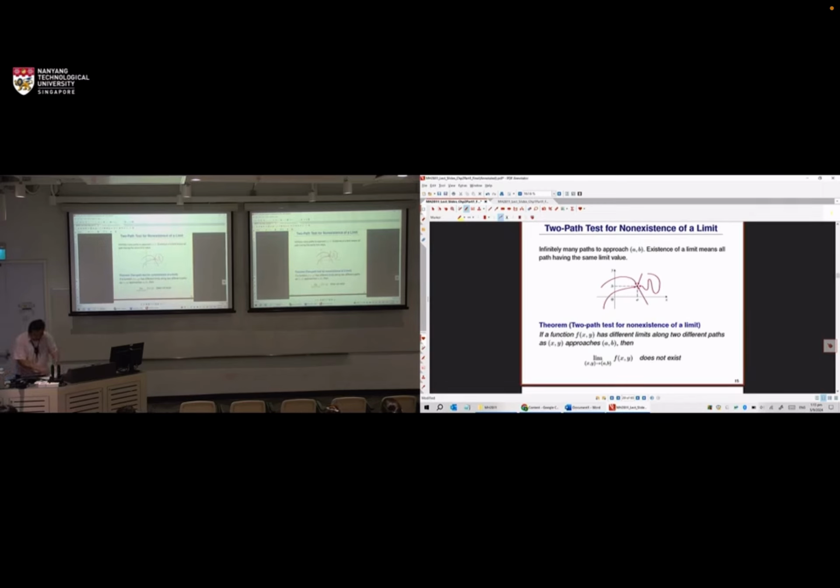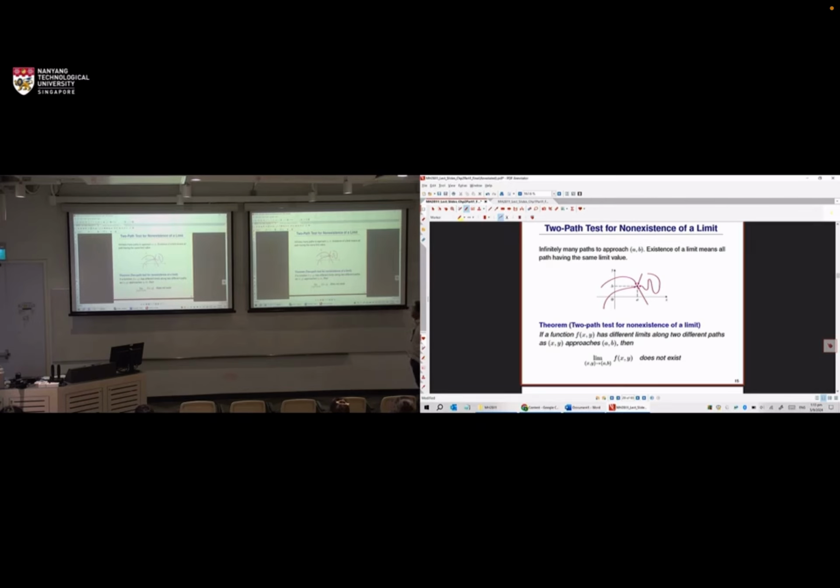So this is the one I was mentioning just now, the two-path test for non-existence of a limit. Now we are in the multivariable calculus world. There are many paths leading to x approaching 0, y approaching 0. Infinitely many paths to approach a generic (a, b).